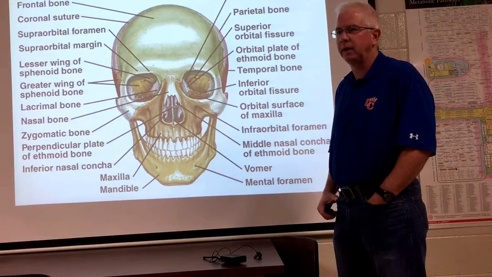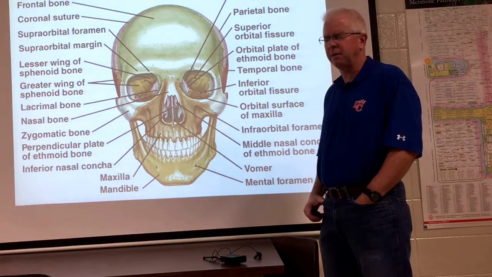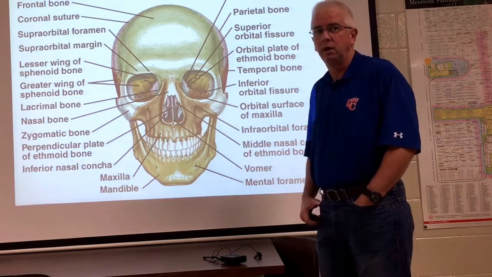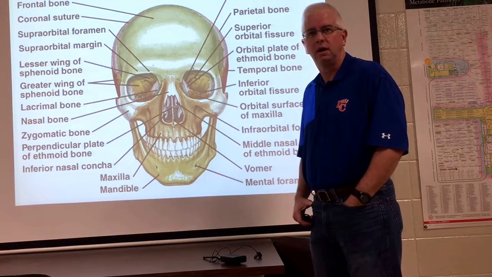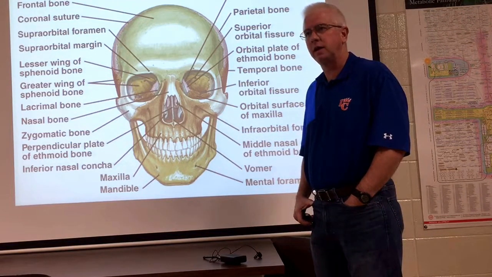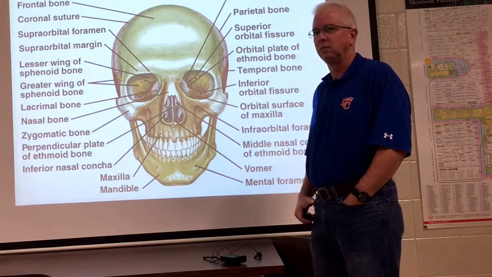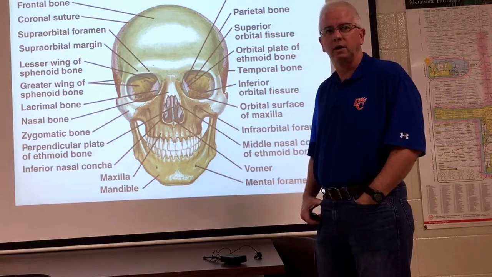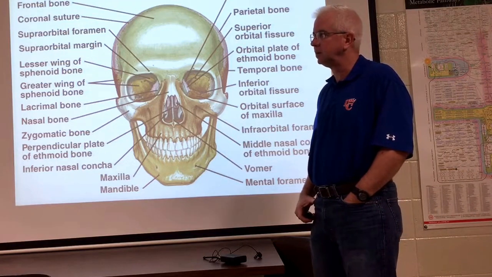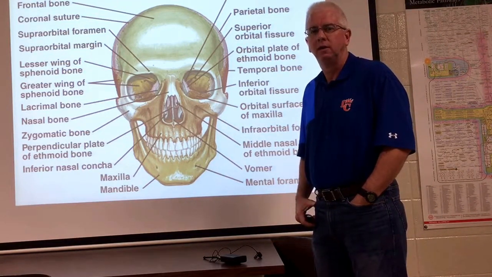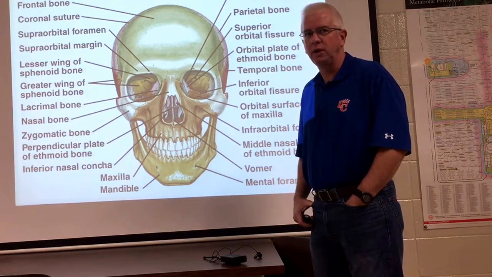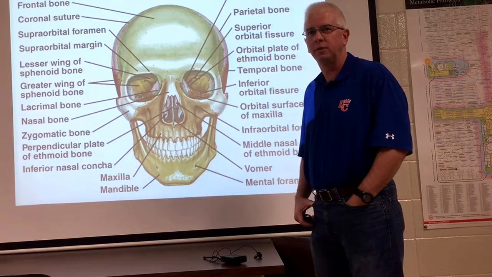And what does the zygomatic bone articulate with on the lateral side of the skull? On the lateral side of the skull, the zygomatic bone articulates with the temporal bone, yeah. Forming an arch, leaving a cavity between the arch and the skull proper, right?